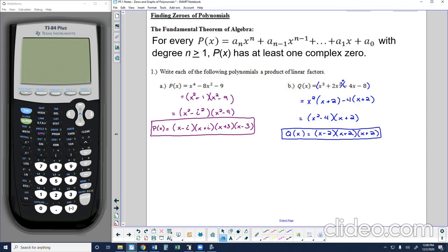Now notice here that in p of x, we started with a quartic polynomial. X to the 4th power, the highest degree was 4. There are 4 linear factors, some imaginary, some real, but 4 linear factors. In B, we had x to the 3rd power. It had 3 linear factors.